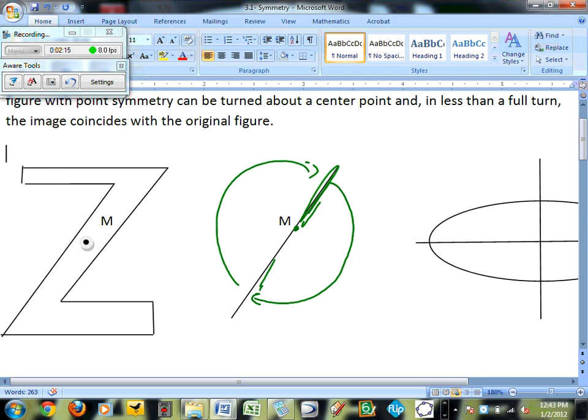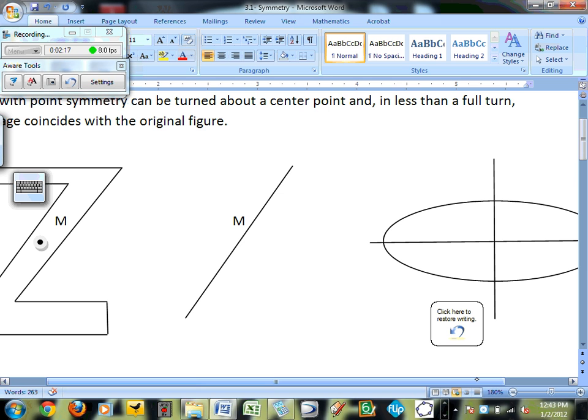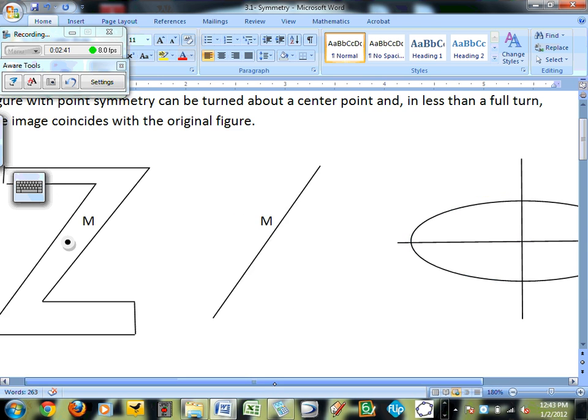Again, the same thing, obviously, for an oval over here on my other one, and that would be the origin, and the origin is a very common place for symmetry on our graphs. All right, so if I took this and spun it along the origin, if I flipped, say here, and spun it along the origin, it would go ahead and end up right there. In less than a full turn, I would still have an oval. All right, so that's a little introduction into point symmetry.